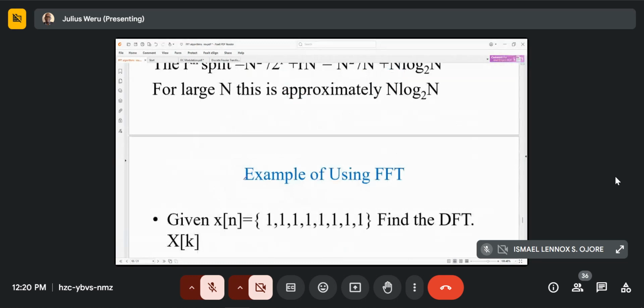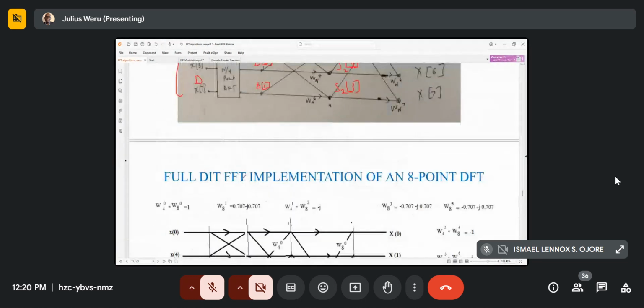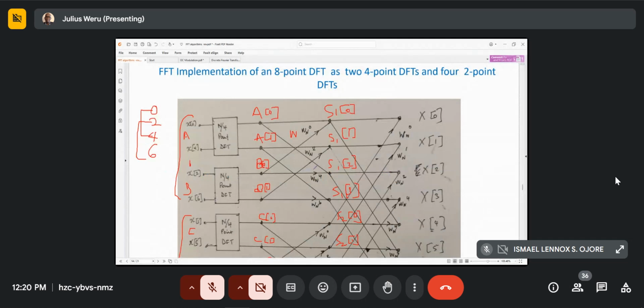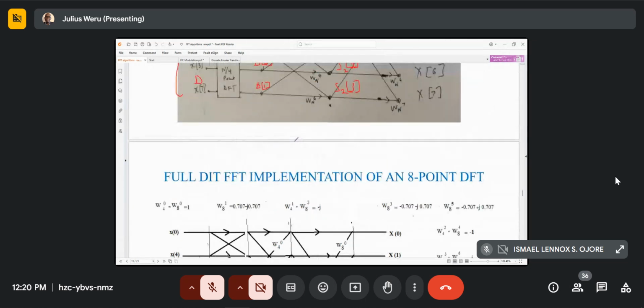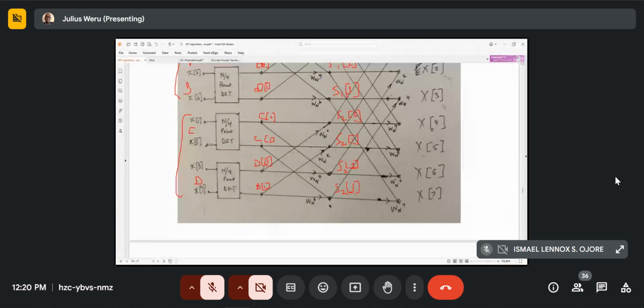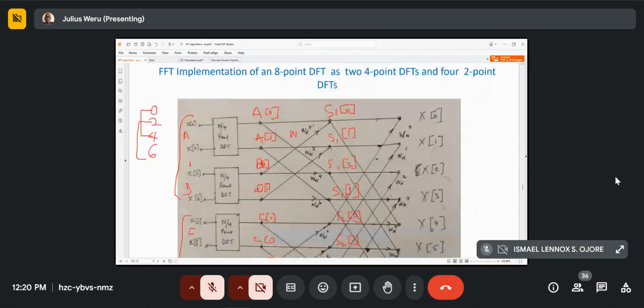So here, in the drawing, that could have been a confusion, moving from here to here, because here I've used W4s. So I was thinking this could also be a source of confusion. Here, if you write it in terms of WN, then of course it will be going from 0 to 4, 6.